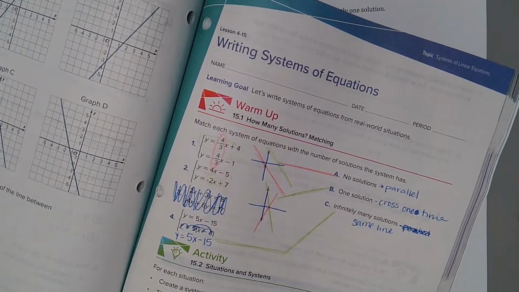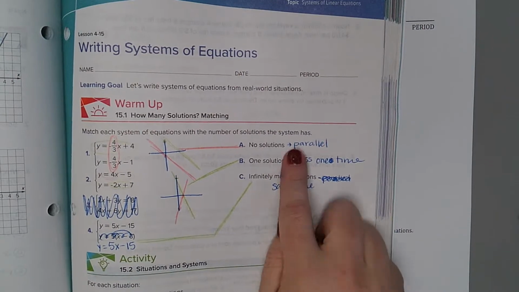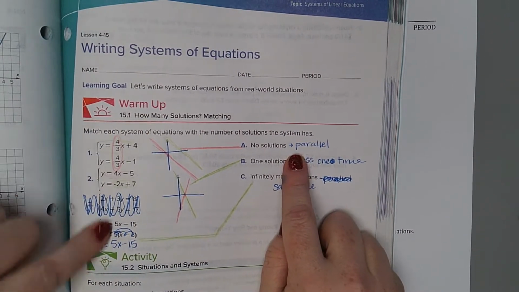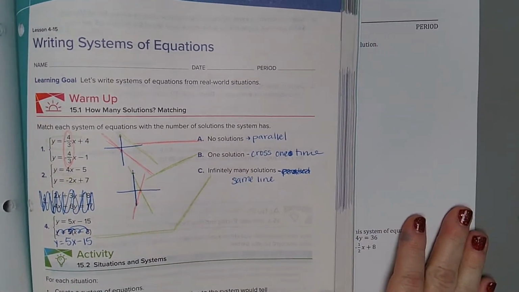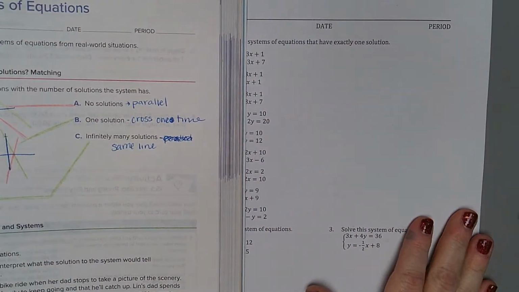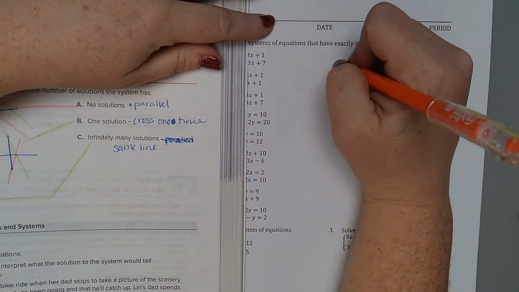Okay, so I found my book. It was lesson 15. We said that when we're looking at them, if they are parallel, there is no solution. So being parallel means they have the same slope, different y-intercept. So I'm going to write that on here.